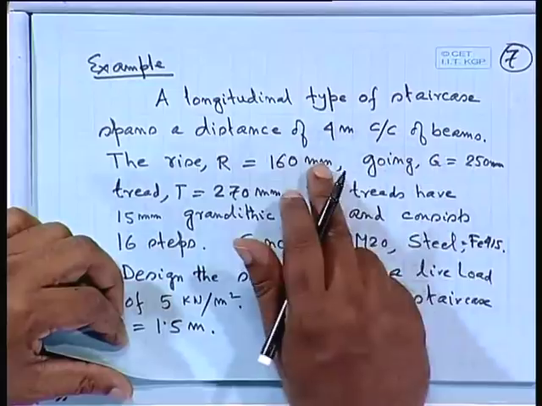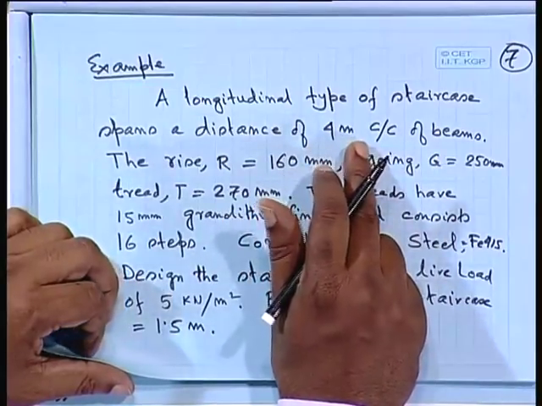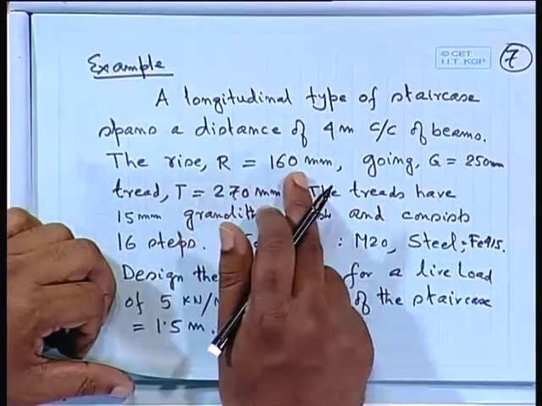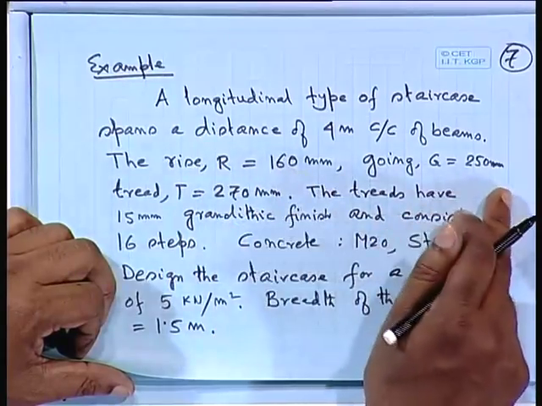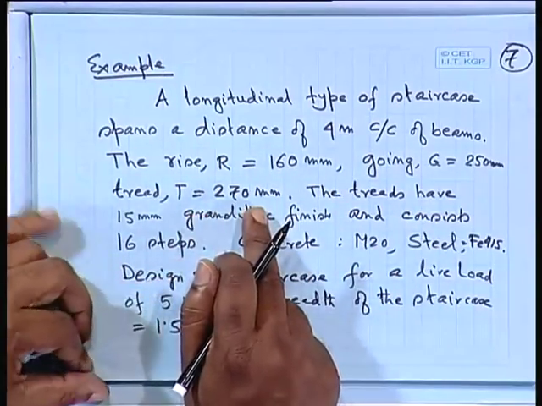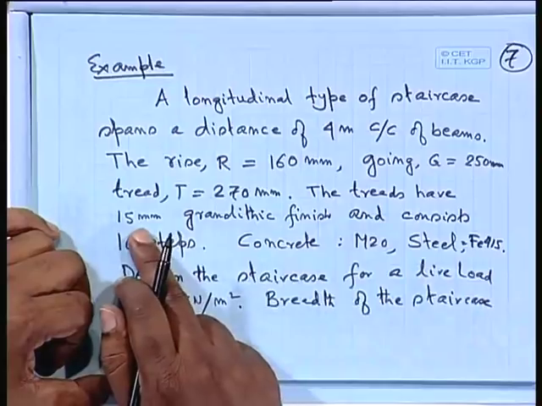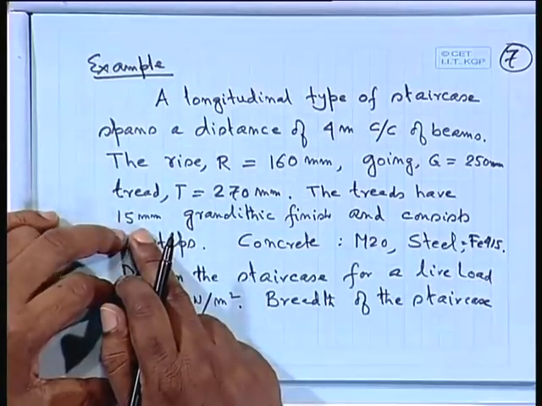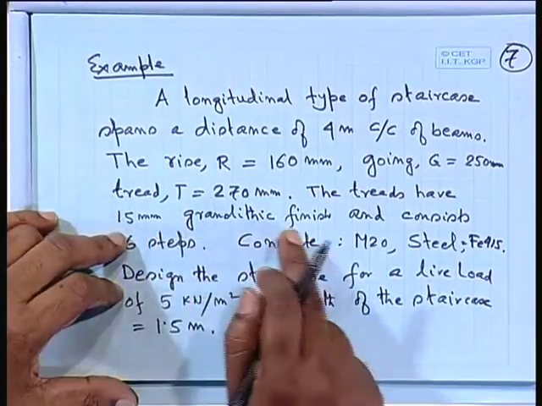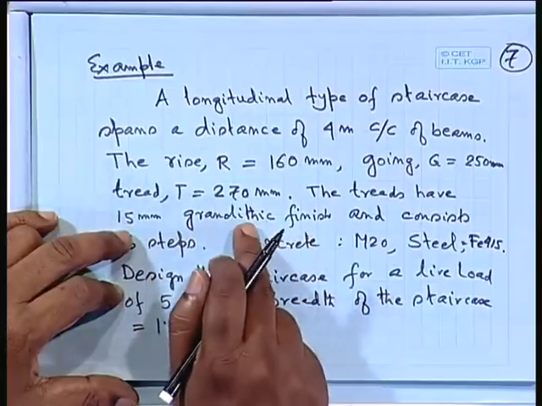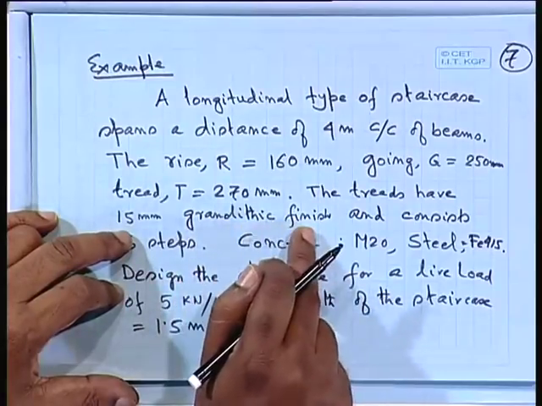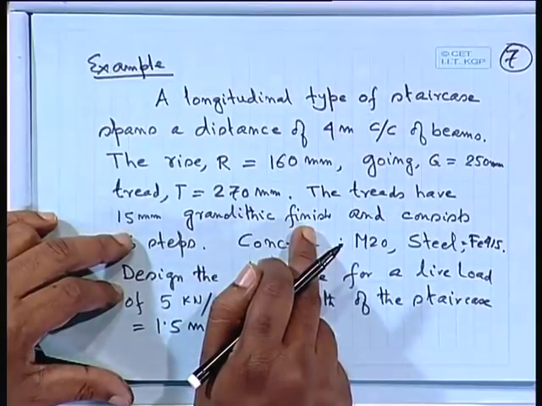The beams have to span 4 meter, the rise 160 millimeter, going 250 millimeter, tread 270 millimeter, and it has a finish, because this was the floor finish, but here it is specifically mentioned we shall take the unit weight of this granolithic finish as 23.5 kilonewton per meter cube.